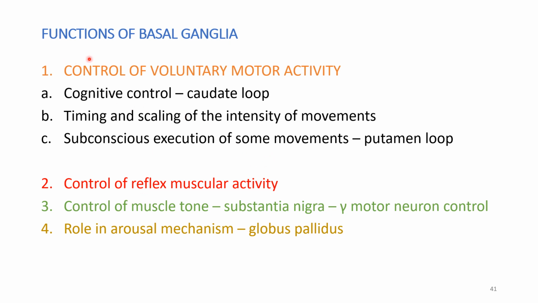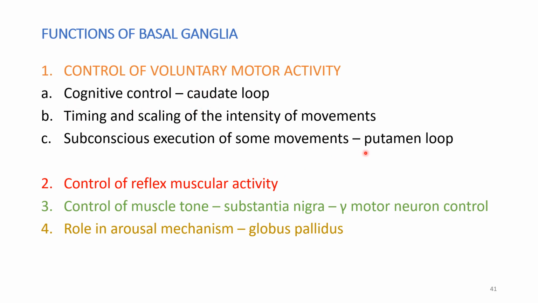Now you can easily write about the functions of the basal ganglia. What is the first function? Controlling of the voluntary motor activity. How will it control the voluntary motor activity? Through the loops, the direct loop and indirect loop. The direct loop has a caudate loop and a putamen loop. The caudate loop will control the cognitive control.